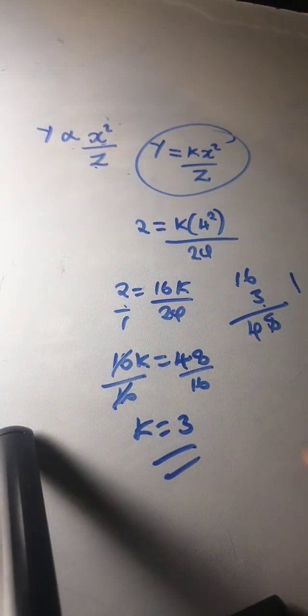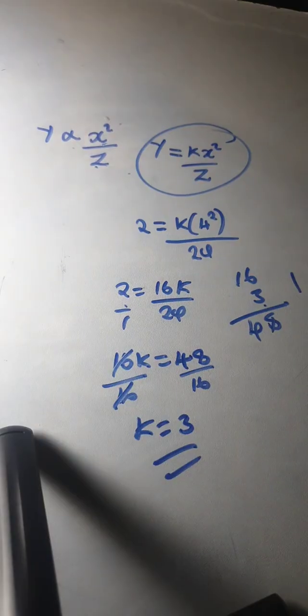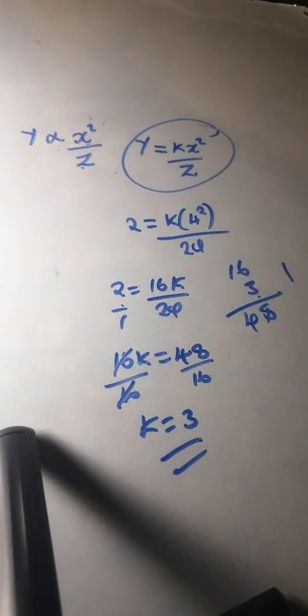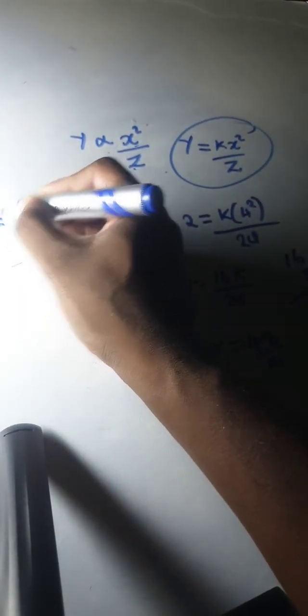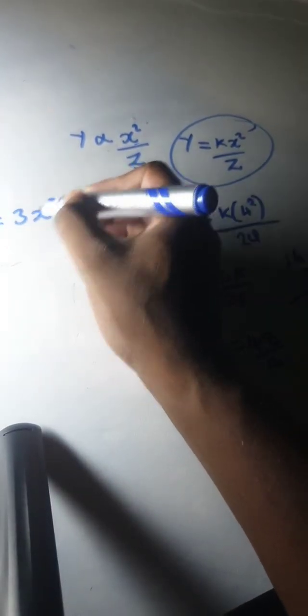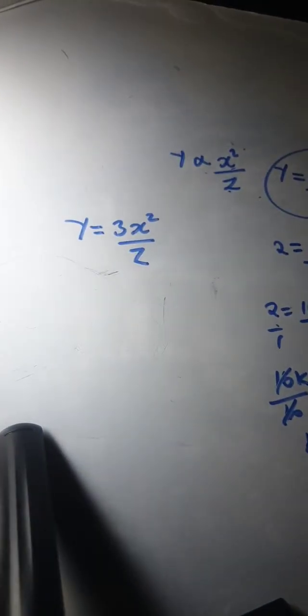So now we know the constant of variation is 3, making our formula complete, because we will start using y is equal to 3x squared over z for the remaining questions.